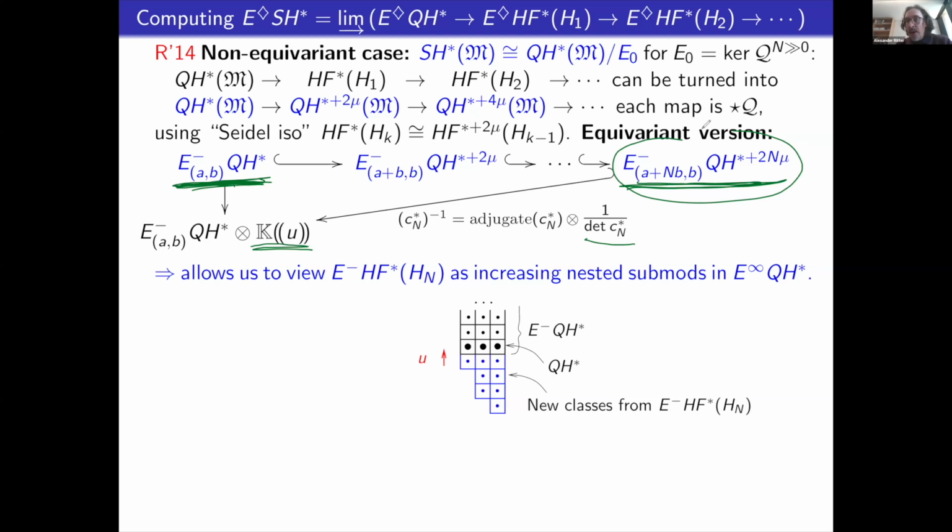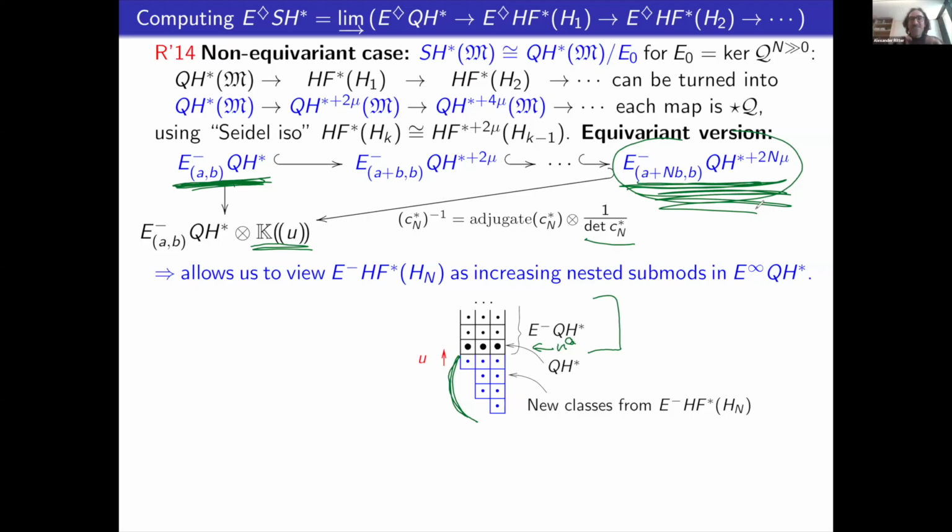In any case, intuitively, what's happening is that here we had our original equivariant quantum cohomology, and the U to the 0 part is the ordinary quantum cohomology. And we're introducing these new classes coming from the Floer cohomology, and they arise with negative powers of U. So these blue classes, these new classes, are a bit like a virus that keeps growing.